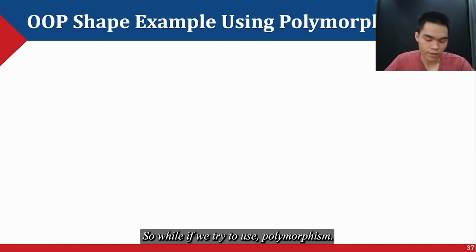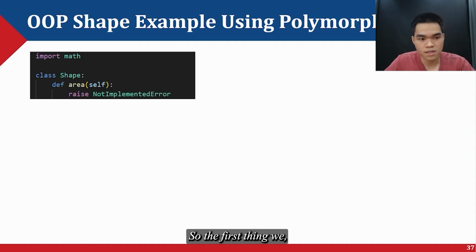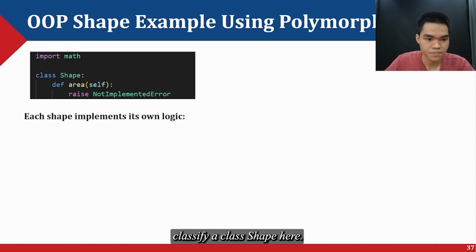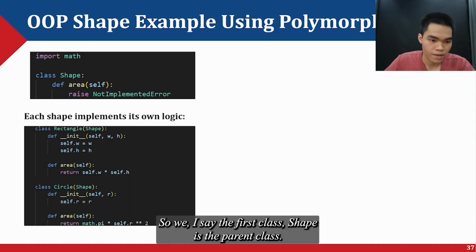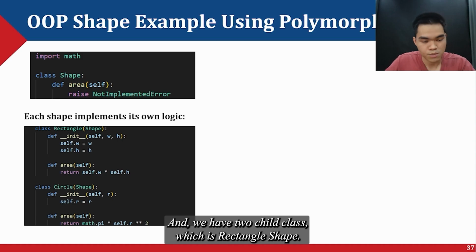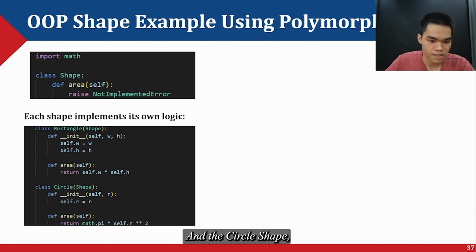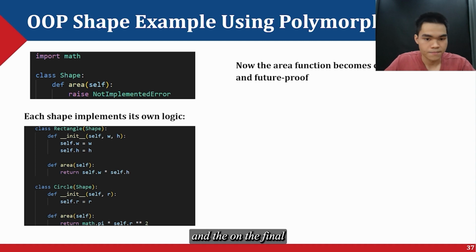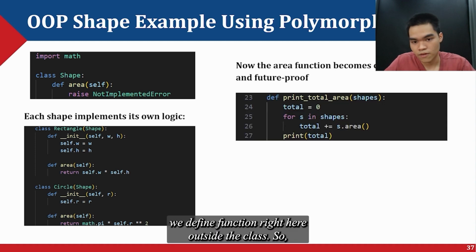So what if we try to use polymorphism? The first thing, we define a class Shape here. The first class, Shape, is the parent class, and we have two child classes, the Rectangle shape and the Circle shape. And now finally we define a function right here outside the class.